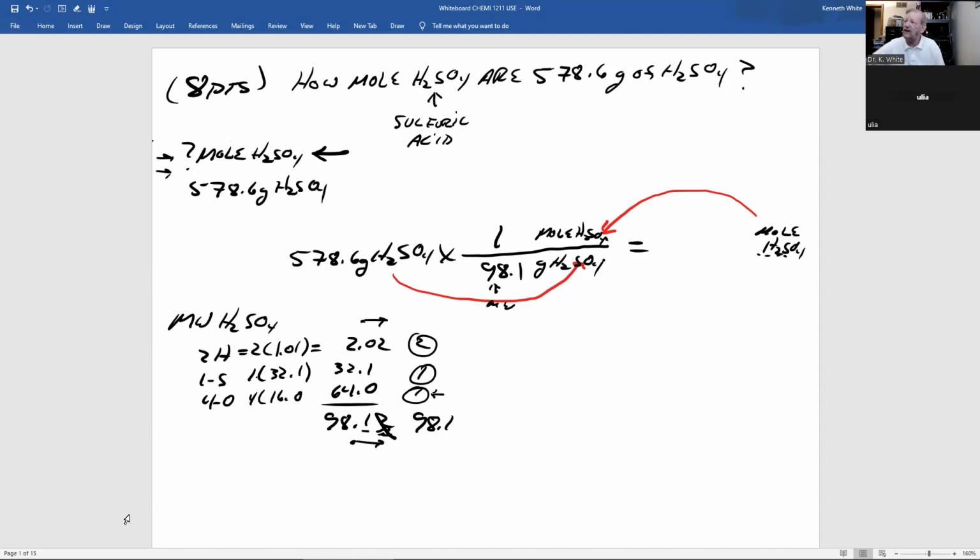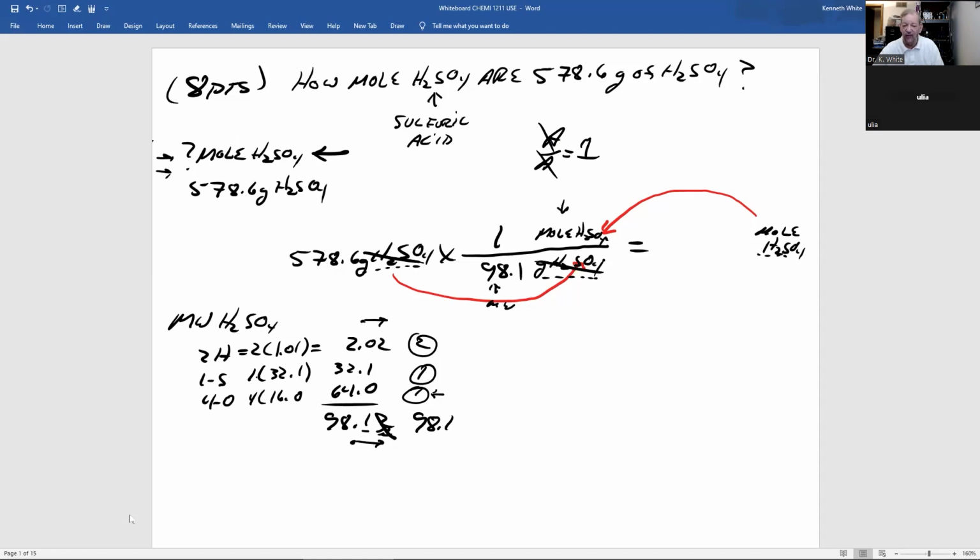Now, before we pick up our calculator, actually it's hiding over there, I'll look at my units. Notice grams of sulfuric acid divided by grams of sulfuric acid. And anything divided by itself equals the number 1 and cancels out. So this cancels out.